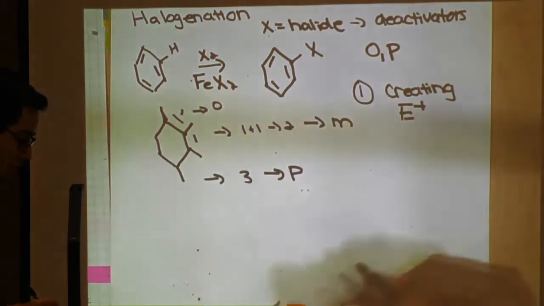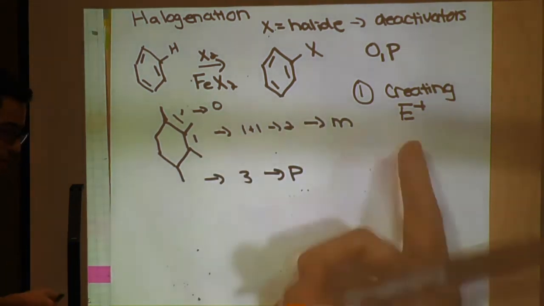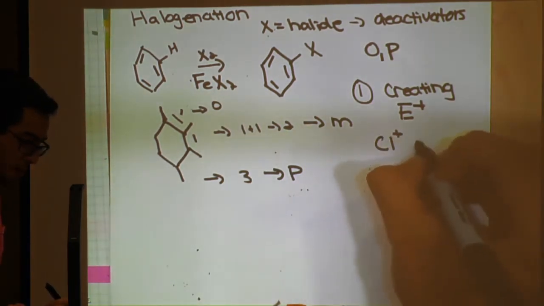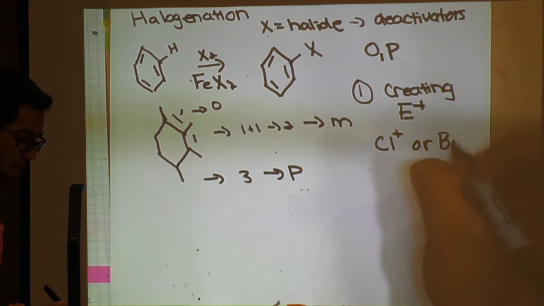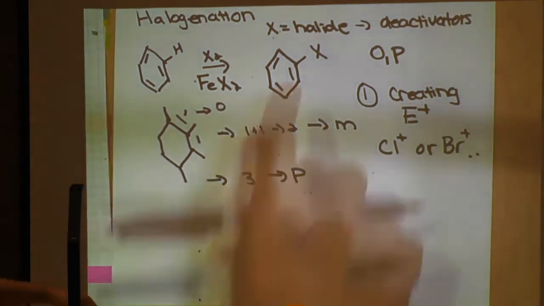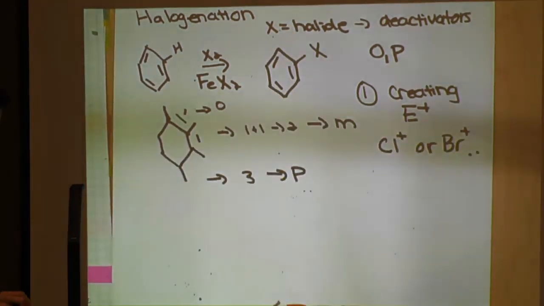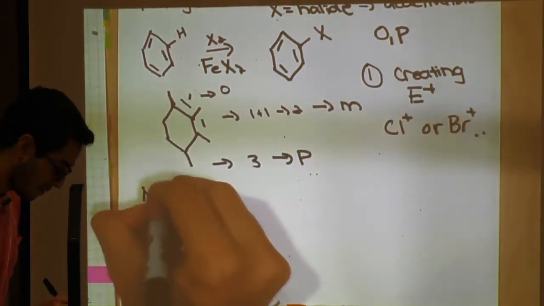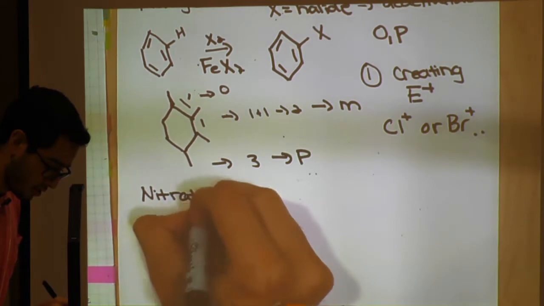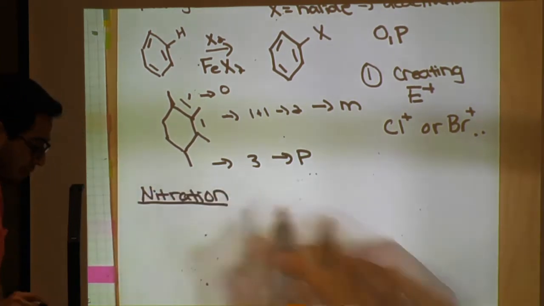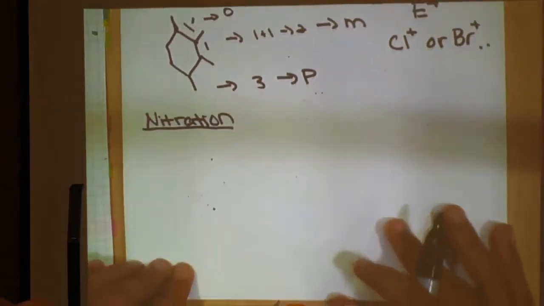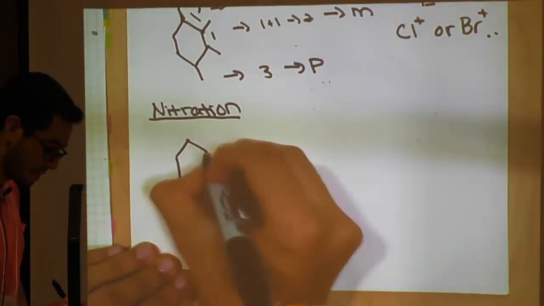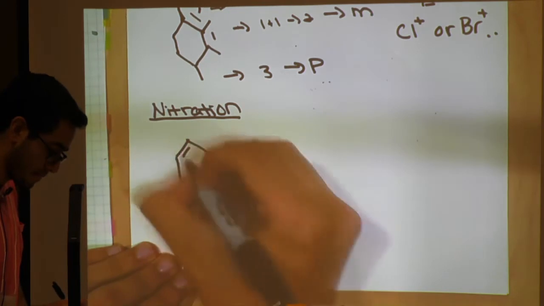And so in halogenation, your electrophile will either be Cl plus or bromine plus, or whatever halide you decide to use in the case of X, right? So the next one will be nitration, which, like the name implies, we're going to be adding NO2 onto our closed ring.